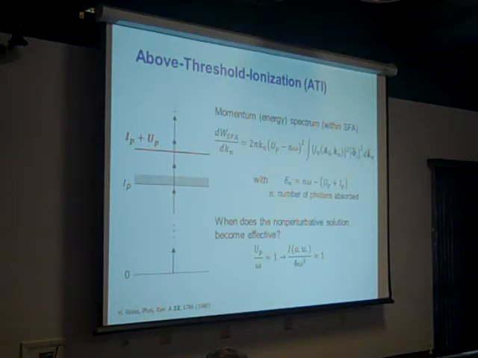And qualitatively, at least, this is in rather good agreement with what has been observed in the experiments. So this is a kind of non-perturbative treatment of above threshold ionization.